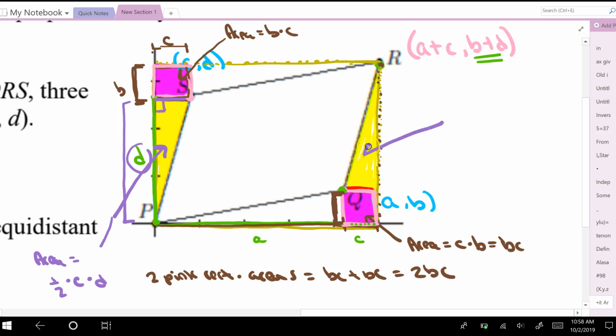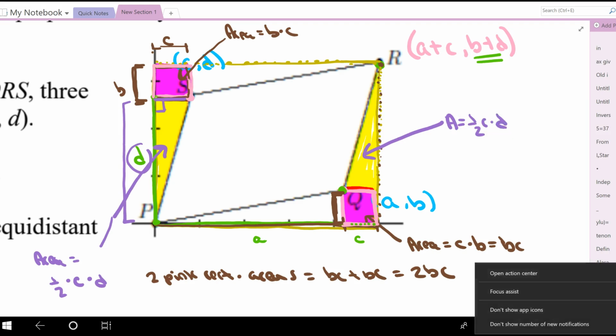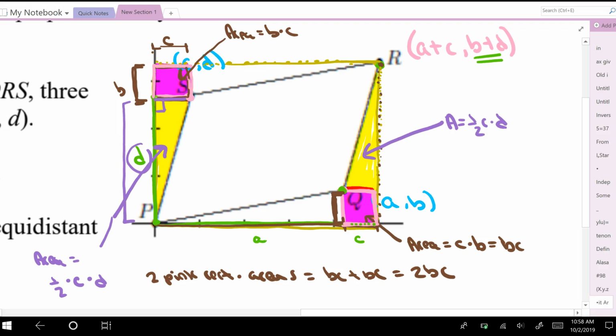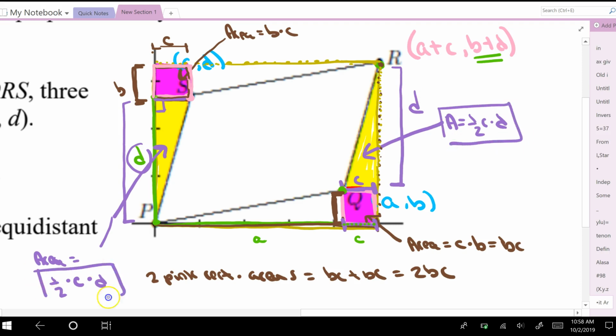I'm really close to just being able to say, wouldn't this also just be 1/2 times C times D? I'm just going to make doubly sure. Well, I know that this length right here, which is this length, does in fact equal C. And I know that this length here is definitely D. So yes, that is the area of the triangle.